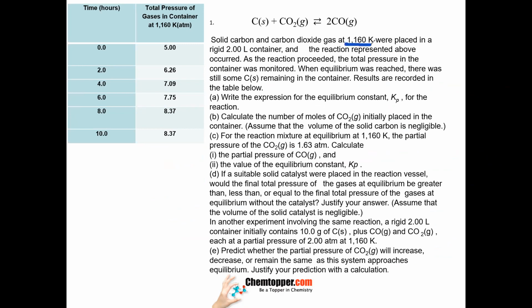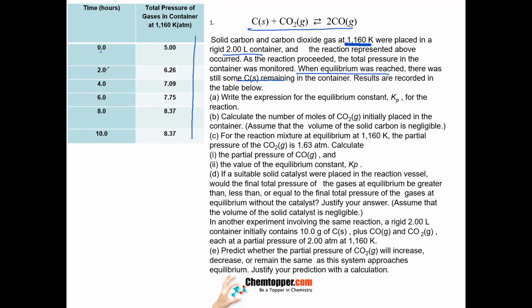Temperature given, volume given, reaction given. When equilibrium is reached, there is still some carbon solid left. These are the results. Look at the results.